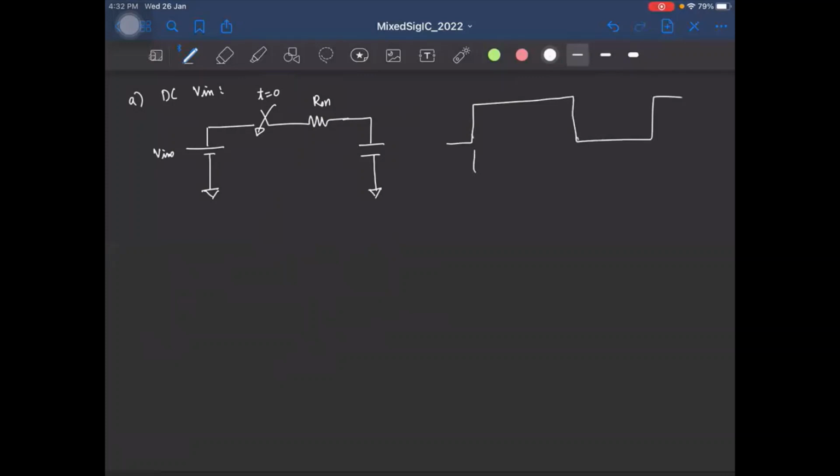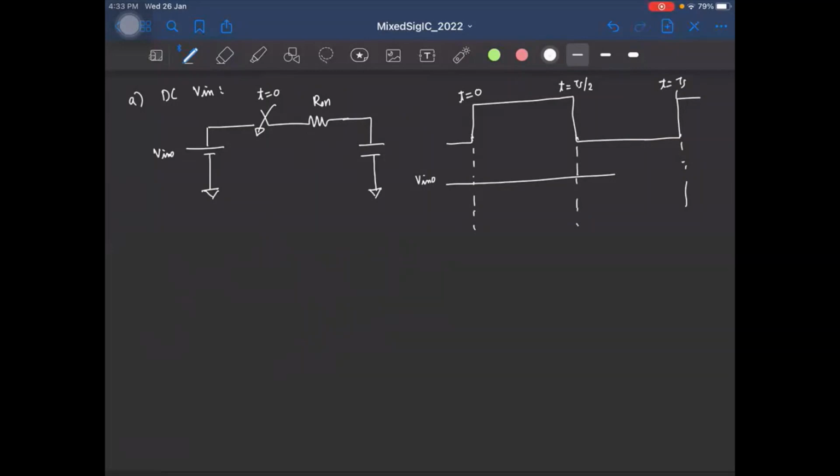So this is my instant t equal to 0, which means this is Ts by 2, and this is Ts. So let's say the input is this value, say V naught. So how will the output look like?